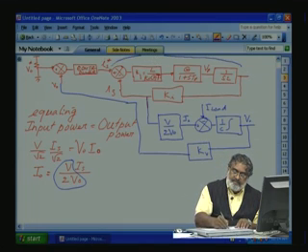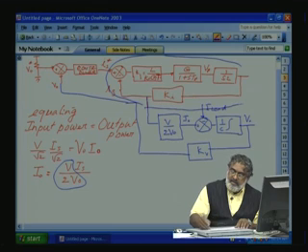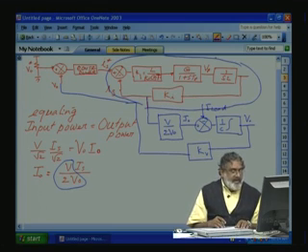Yesterday, we got the transfer function.